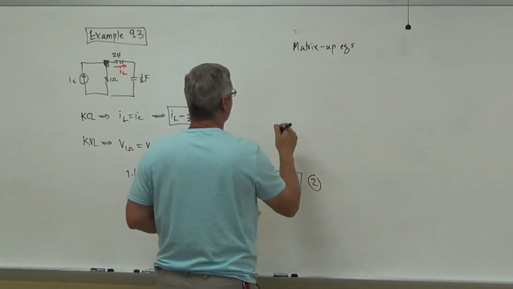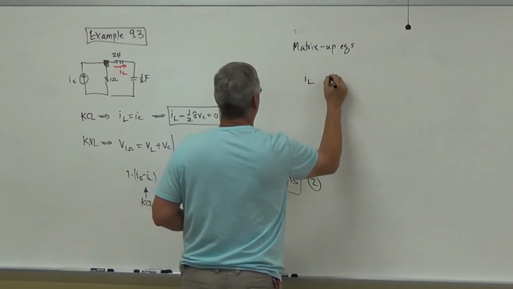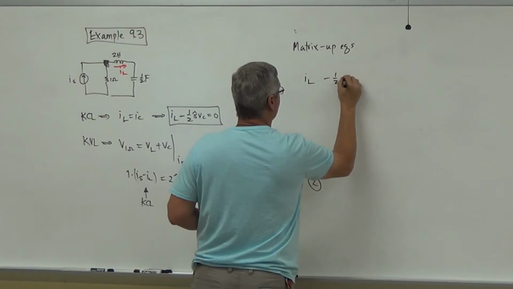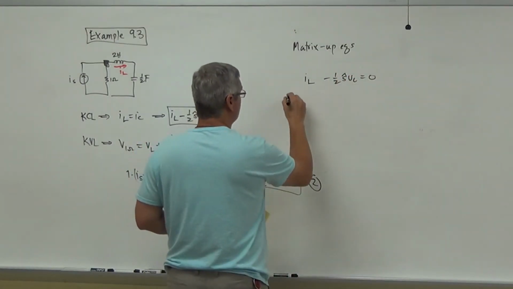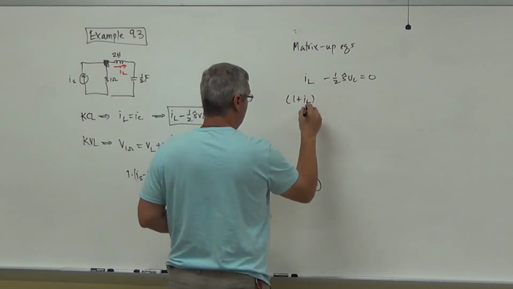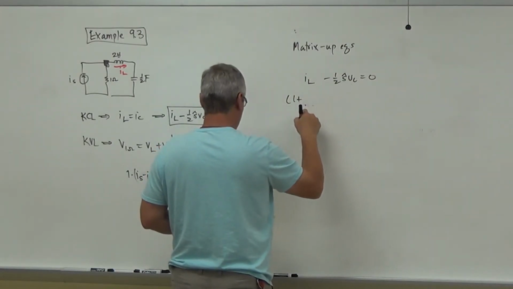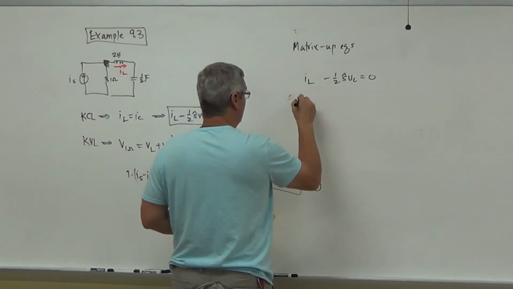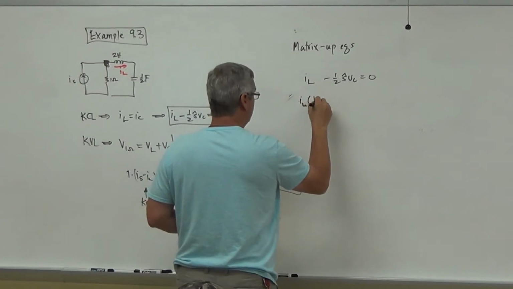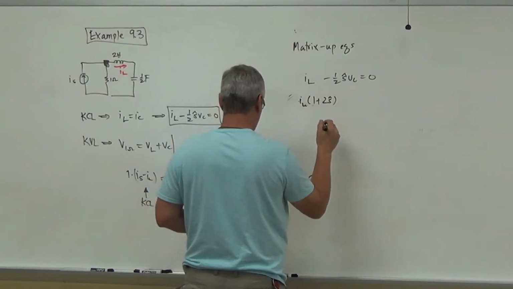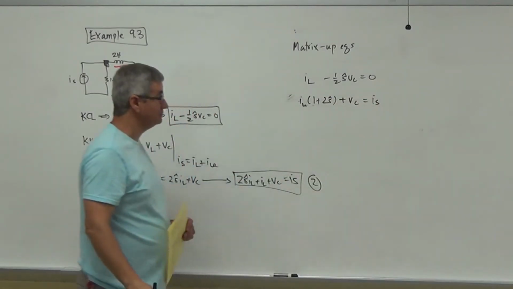So if I look at that, I'm going to write IL minus 1/2 S hat BC equals 0. Then I'm going to get 1 plus, excuse me. So I get IL times 1 plus 2 S hat plus BC equals I source.